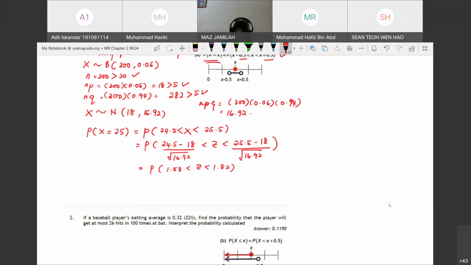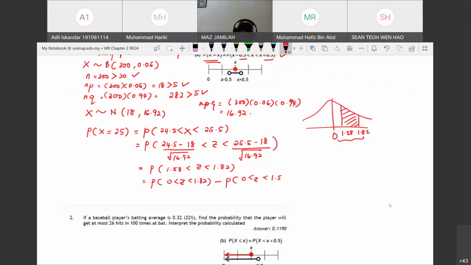If you draw 0, 1.58 over here, 1.82 over here, you will have to deduct P(Z between 0 and 1.82), the largest probability value here, minus P(Z from 0 until 1.58).